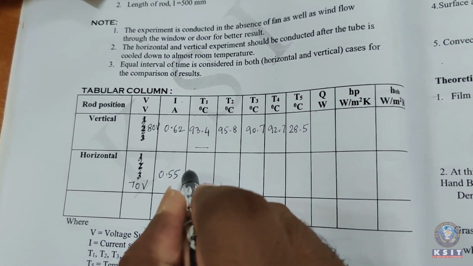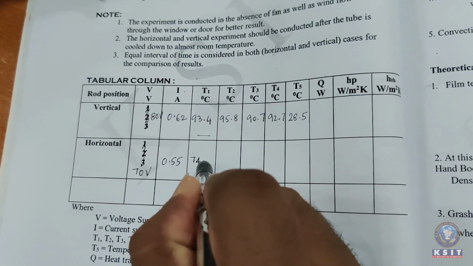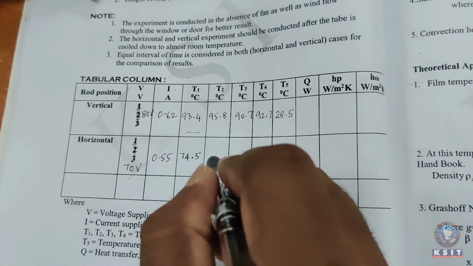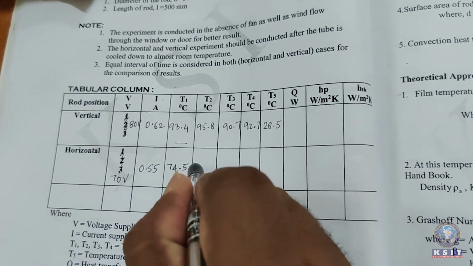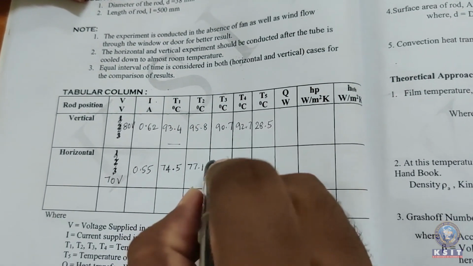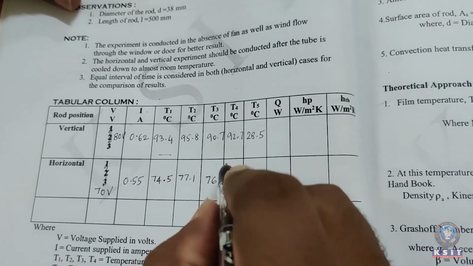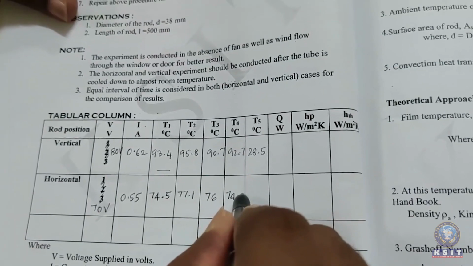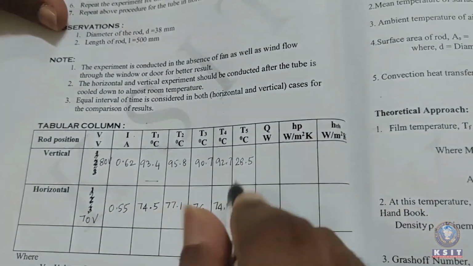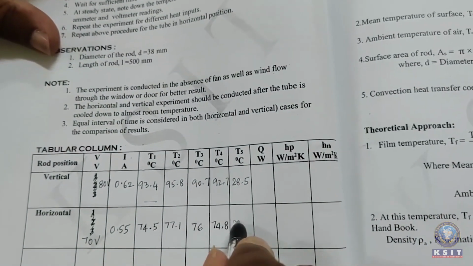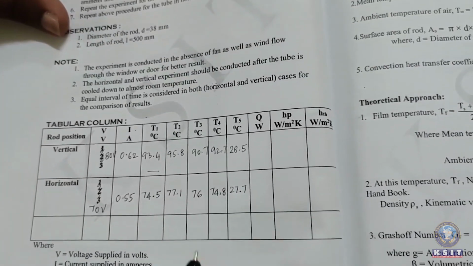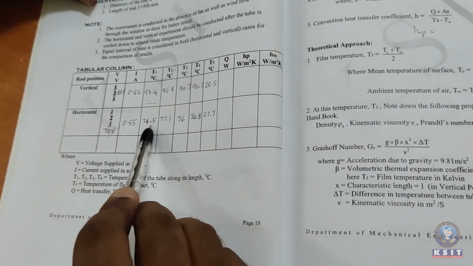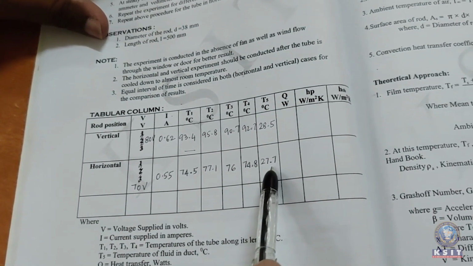Then I am noting the temperatures on the surfaces, that is T1 74.5, next 77.1 is T2, 76 is T3, 74.8 is T4. And now the air temperature, which is close to the ambient, that is 27.7. So the four temperatures are these, and this is the air temperature.